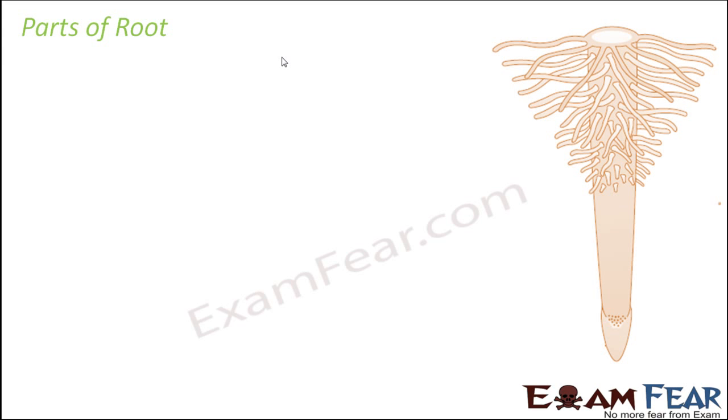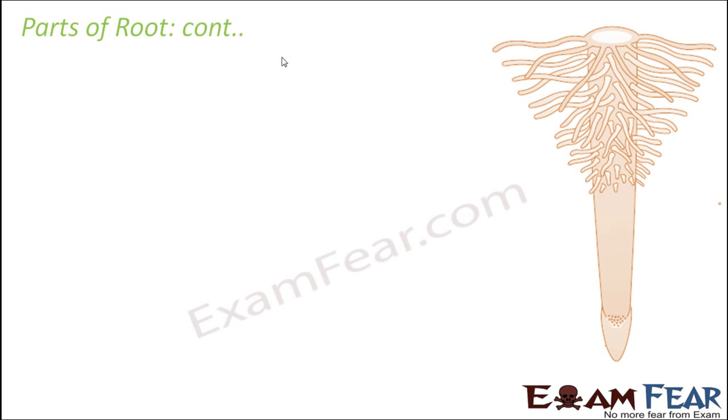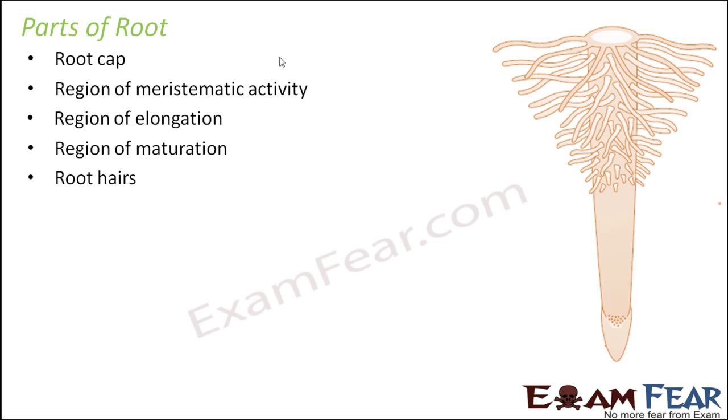The different parts of a root are root cap, region of meristematic activity, region of elongation, region of maturation, and root hairs. So let us quickly see what these parts are.